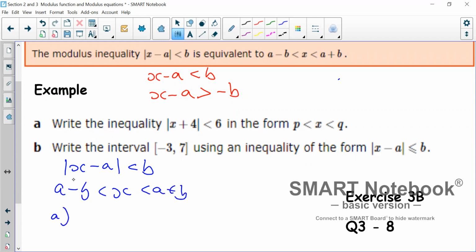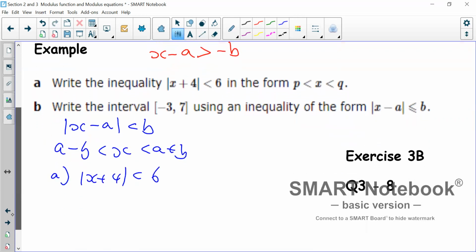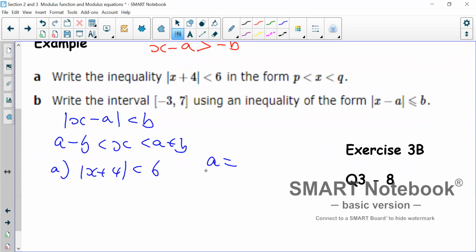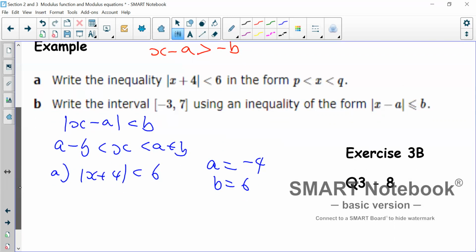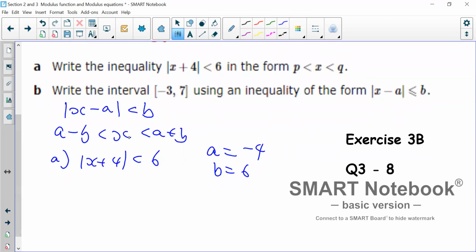So for part A, you've been given that the modulus of x plus 4 is less than 6. So then you can very quickly identify your a and b. So a will equal minus 4, and b will equal 6. And then we can substitute back in here.